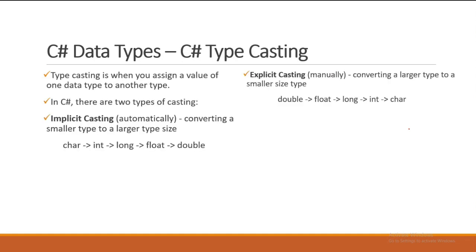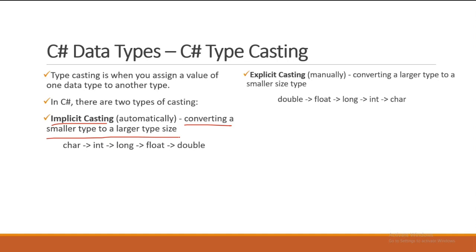Type casting is very important, of course, in C# and in all programming languages. In C# we have two types of casting. The first one is implicit casting, which automatically converts a smaller type to a larger type size. But the important thing is that it needs to be a convertible type.